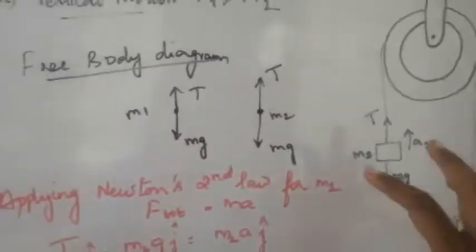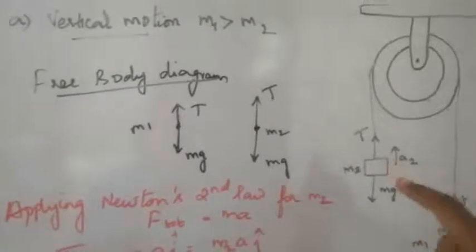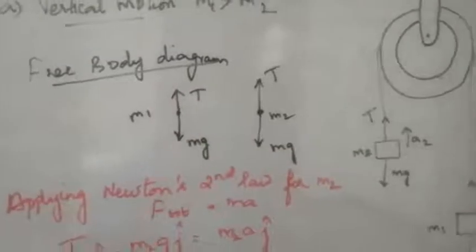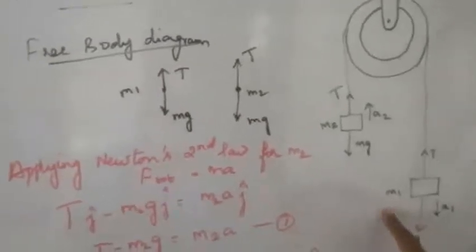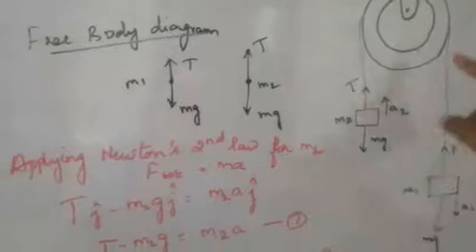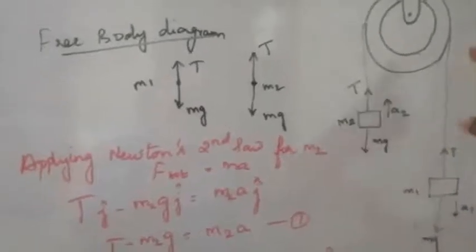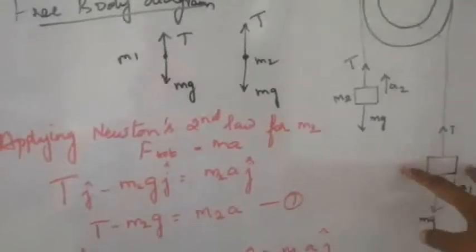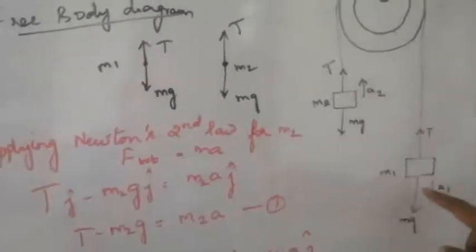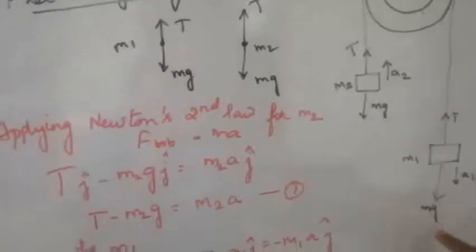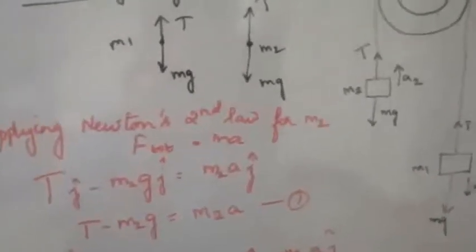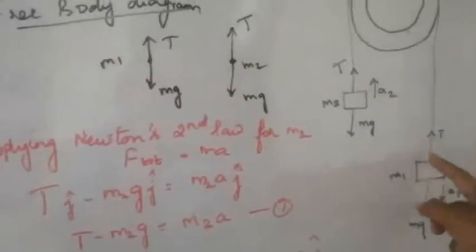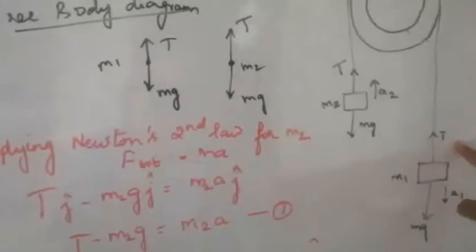Okay, so for any case you have to first identify the forces acting on the object. For that you have to consider the free body diagram. For mass m1 you have the pulley and a thread tied over here to hold the object m1. For this you have a downward gravitational force, obviously, which is given by m into g, mass into acceleration due to gravity, and the object is held by the thread, which has a tension force T in the upward direction.